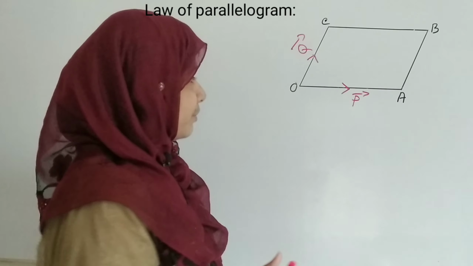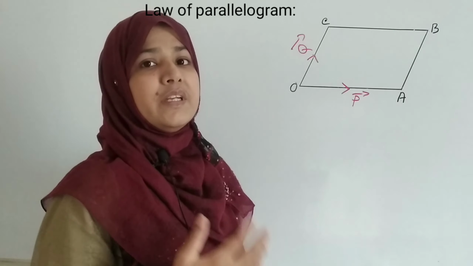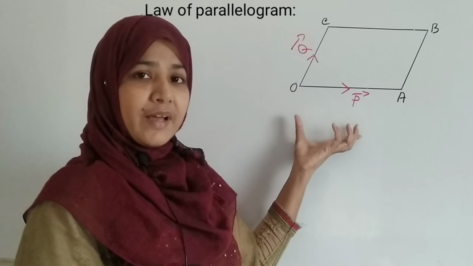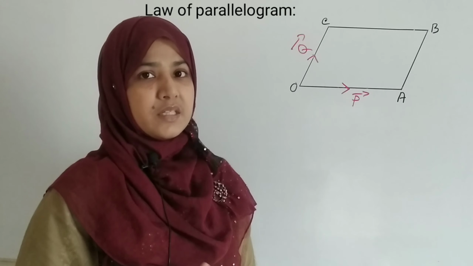That means if we draw a diagonal from this point, then that diagonal will represent the resultant of vectors P and Q both in magnitude and direction.